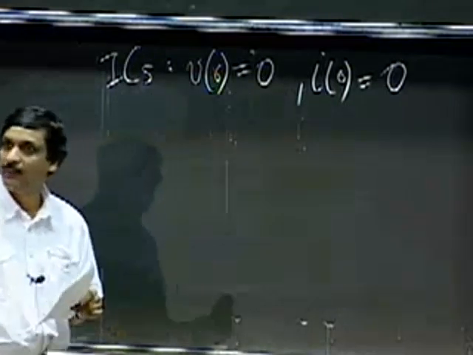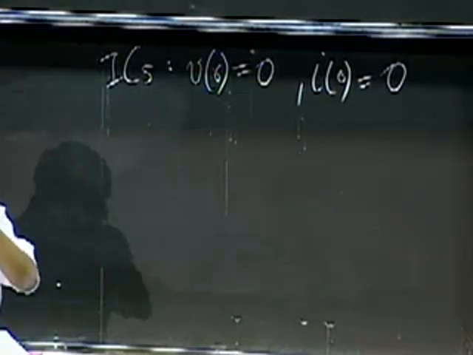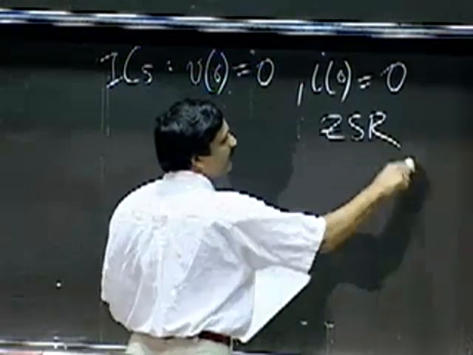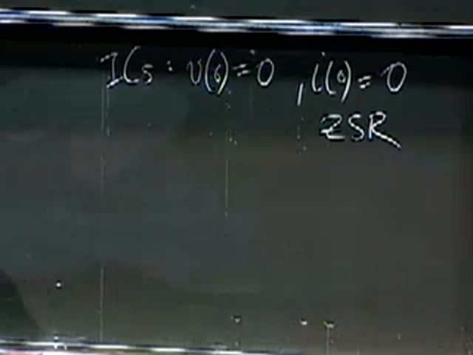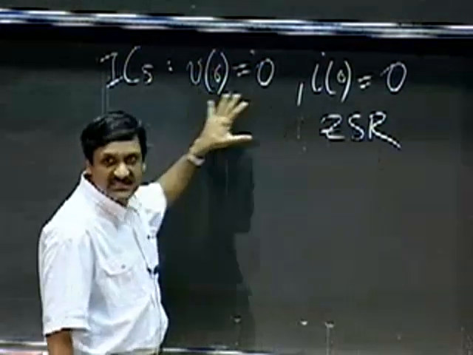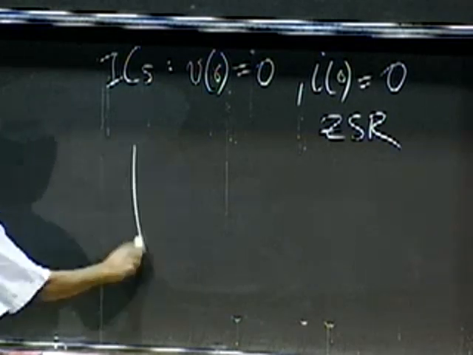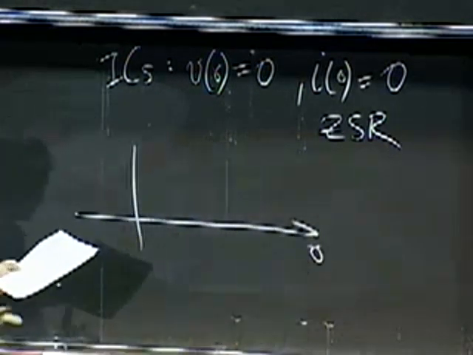V and I are both 0, and so the response of my circuit for some input is going to be called the ZSR. You probably heard this term used in one of your recitations. Zero state response simply says, I start with my circuit at rest and look at how it behaves for some given input. That's a little term that you may end up using. My input next, I'm going to use the following input.